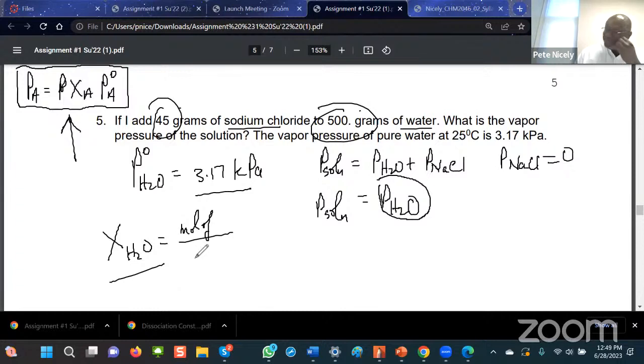I didn't get that. You sound kind of muffled. What would be up here as a numerator? Moles of what?